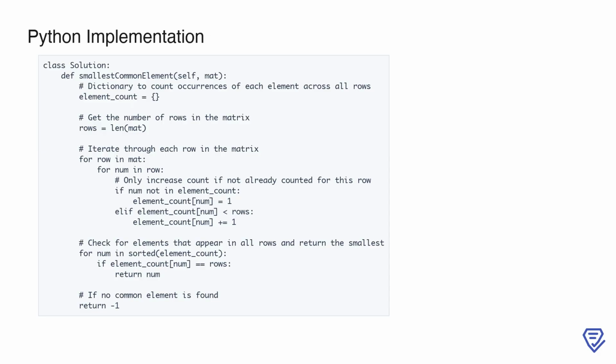The numbers are then sorted in ascending order, and the algorithm checks if any number appears exactly rows times, indicating it is present in all rows. 6. The smallest number that meets this condition is returned as the result. If no such number is found, the function returns -1. This implementation is efficient for small to moderately sized matrices. Sorting the dictionary keys ensures that the smallest common element is checked first, adhering to the problem's requirements.